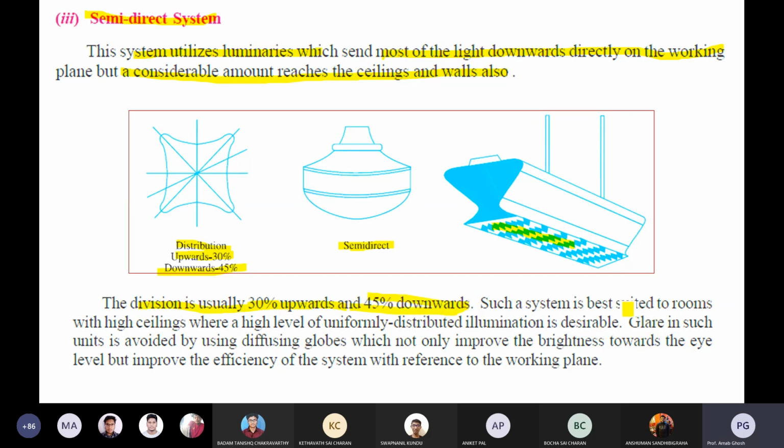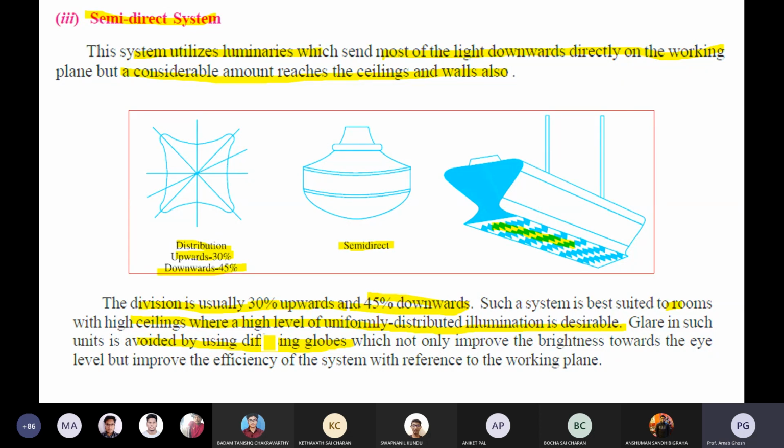Such a system is best suited to a room with a high ceiling where uniformly distributed illumination is desirable. Glare in such units is avoided by using diffusing globes, which not only improve the brightness towards the eye level but improve the efficiency of the system with reference to the working plane. So that way we can understand.